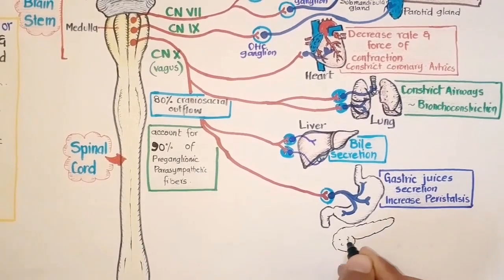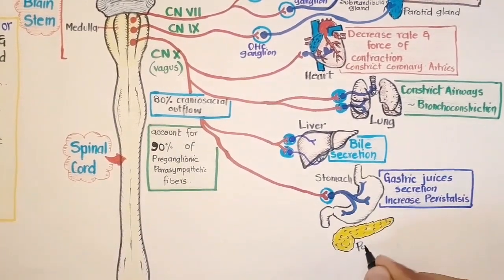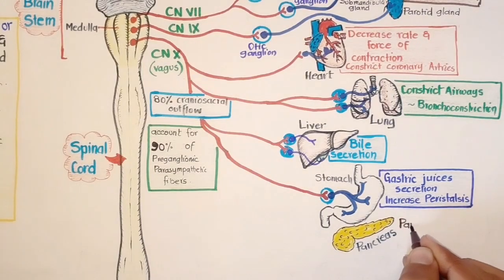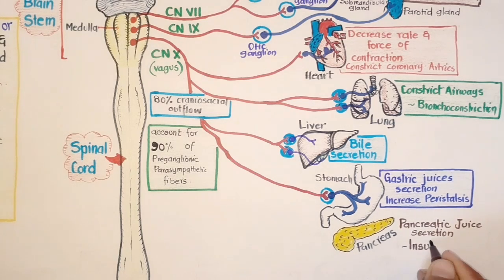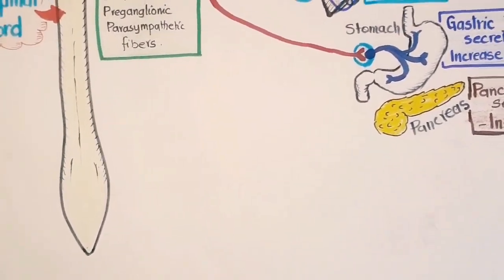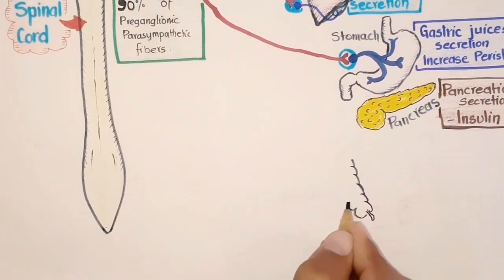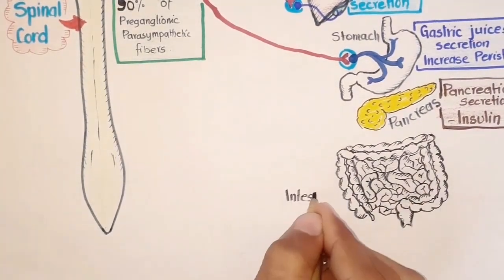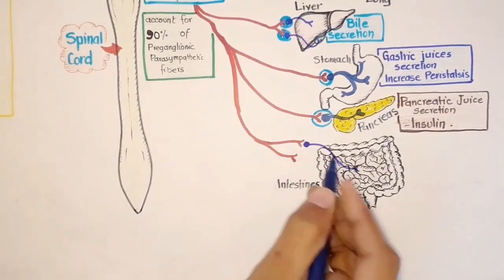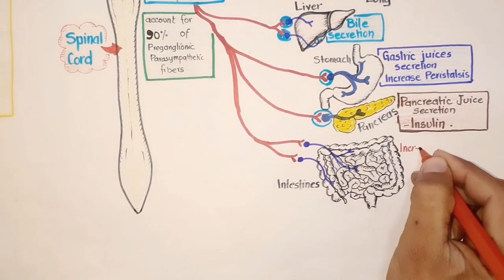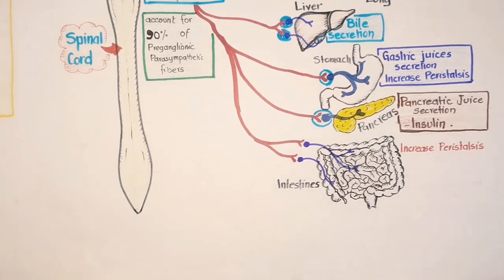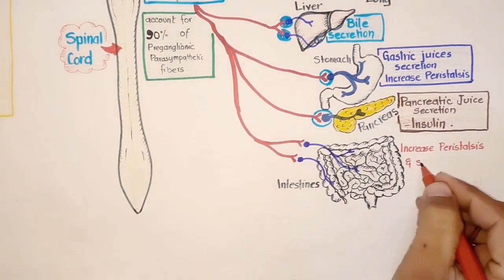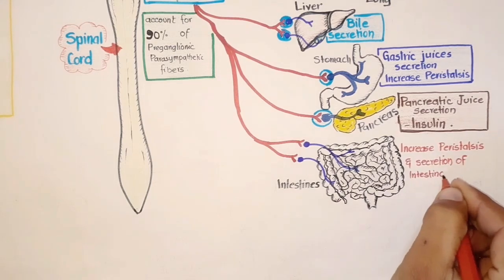The vagus nerve also sends fibers to the pancreas and in response to stimulation, it increases its secretion of pancreatic juices and the hormone insulin. In addition, the vagus nerves also innervate the small intestine and part of the large intestine. And the parasympathetic innervation increases intestinal peristalsis and also increases the secretion of intestinal juices.